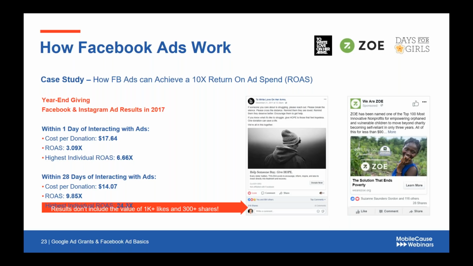And with that, when say Michael, who's sitting next to me, shares this ad and one of his friends gives, that donation is not even included in this case study information. That would show up as an organic social media donation. So there's a virality factor to Facebook and Instagram ads that is also very exciting.